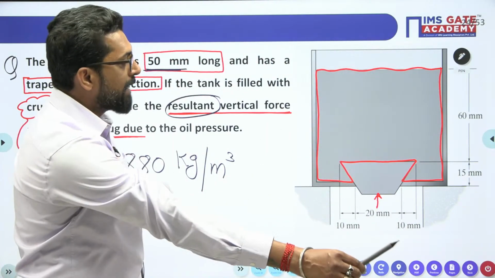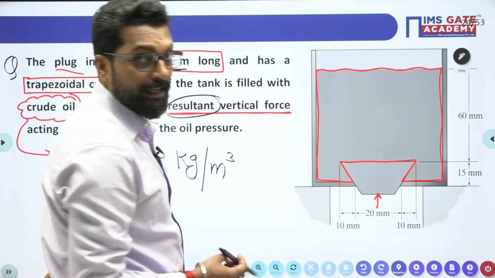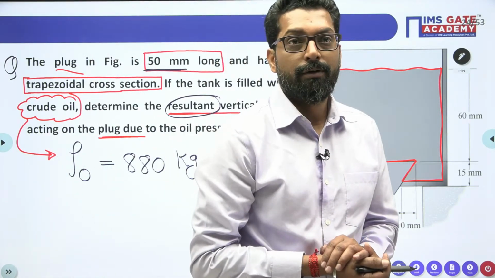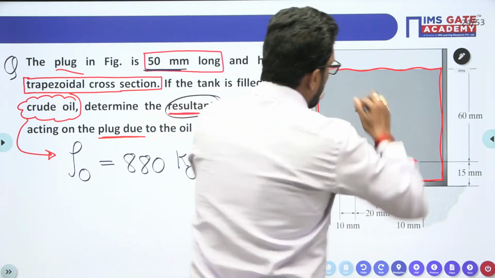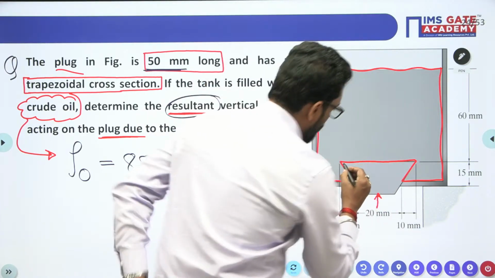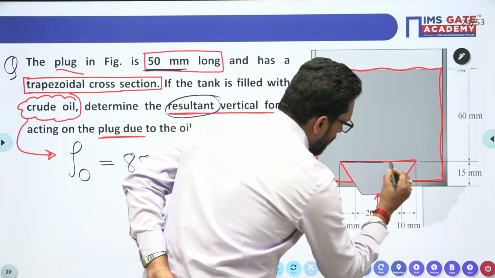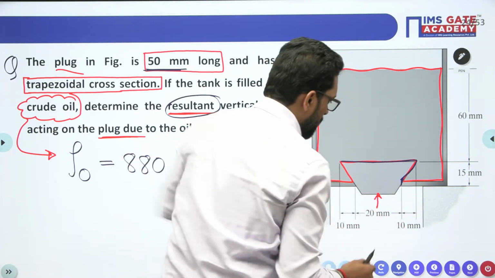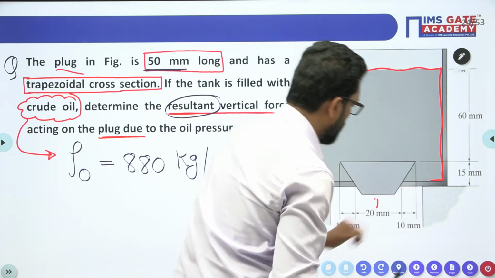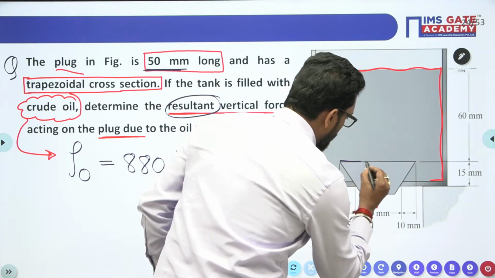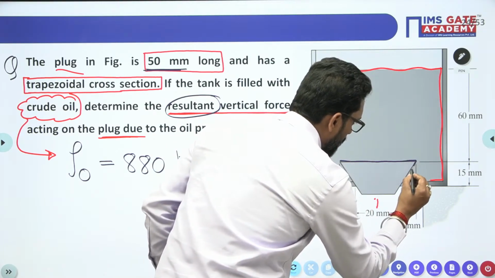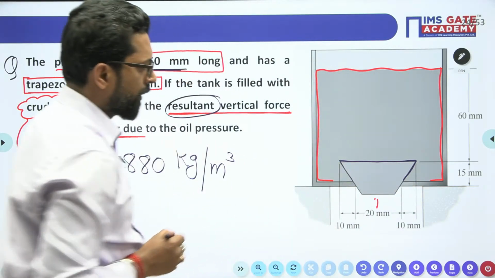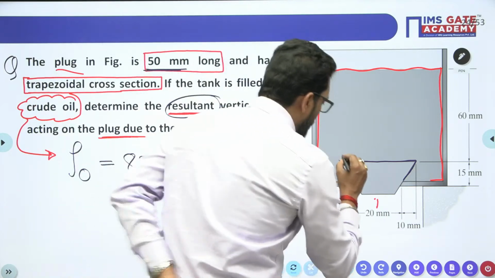So how to calculate? First of all, see, this is your plug surface where the fluid is in contact.